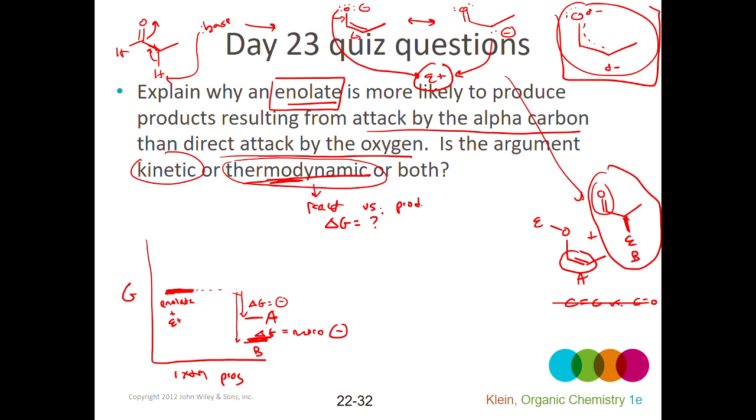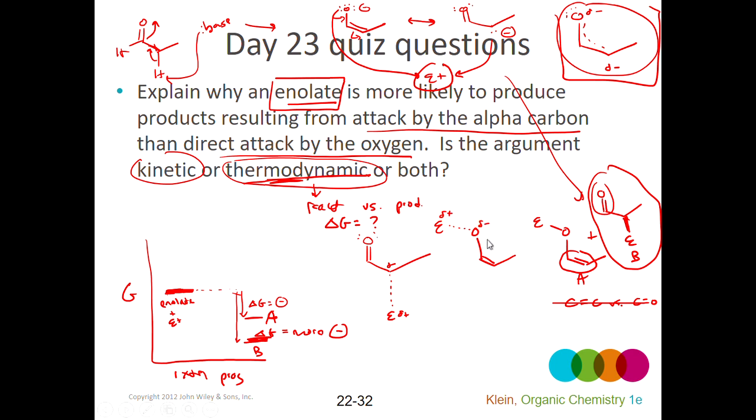Right, so in one transition state I've got a connection between this carbon and the electrophile occurring. So I've got a carbon carrying that partial negative. In the other transition state, if the oxygen connects to the electrophile, it would be the oxygen that would be forming a bond to that electrophile.